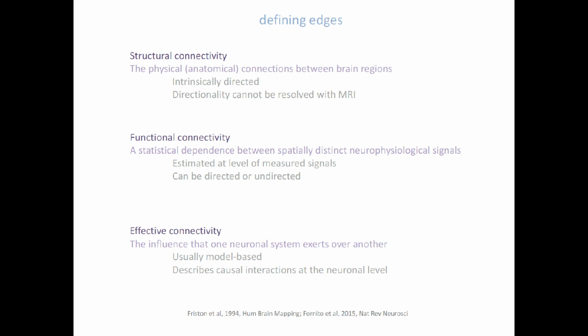And if the functional connectivity is directed, can I say it's effective? Yes, I mean, there's a bit of debate about this. I think it's useful to be quite clear and specific. My take on it is that effective connectivity is specifically defined at the level of neural interactions.